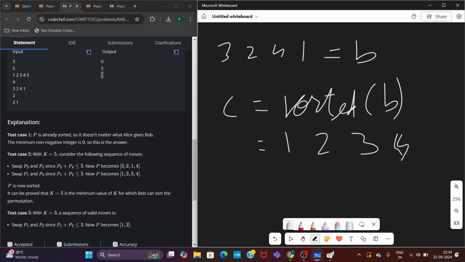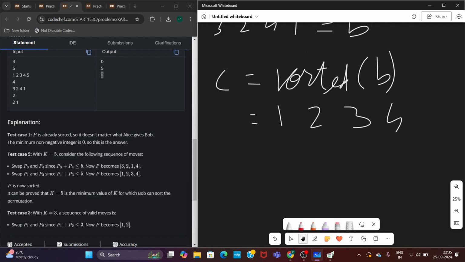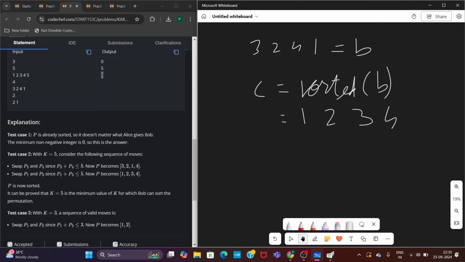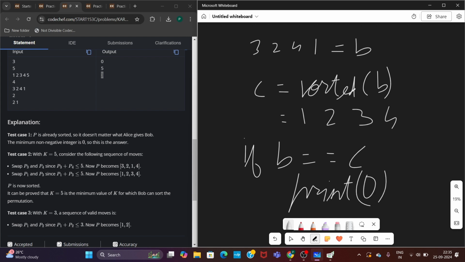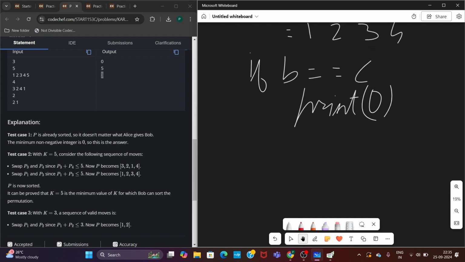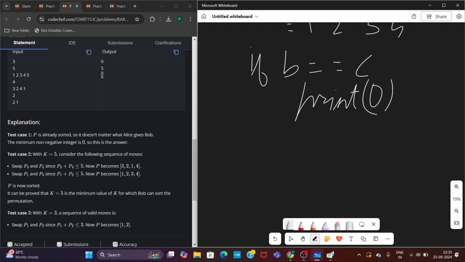If our B is equal to the sorted array, meaning it is already sorted, just print 0 and continue.